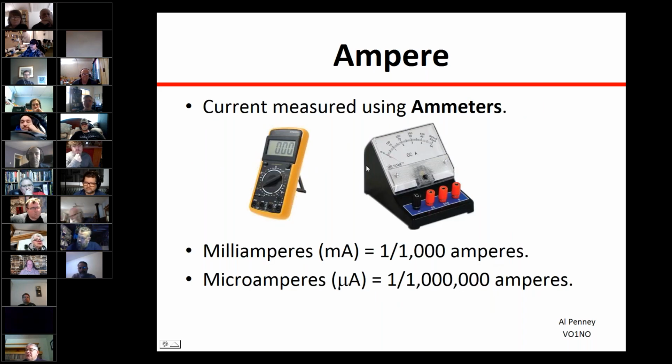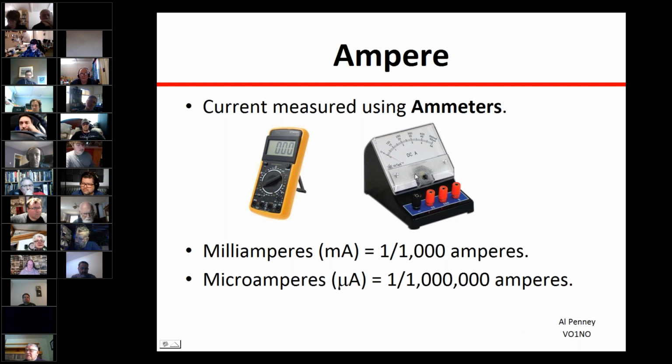Now we measure current using ammeters. Here's a typical one you'll find on a workbench, digital. It's got a whole bunch of different scales here as well, so it can measure current and voltage and resistance. We'll talk more about those later. So that would be a multimeter, but it can measure current.